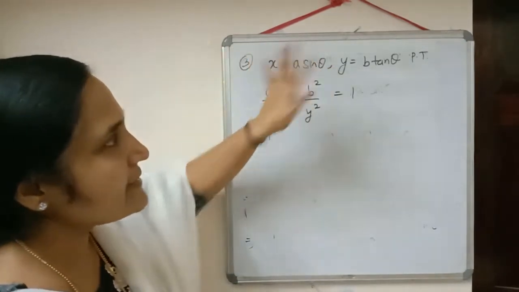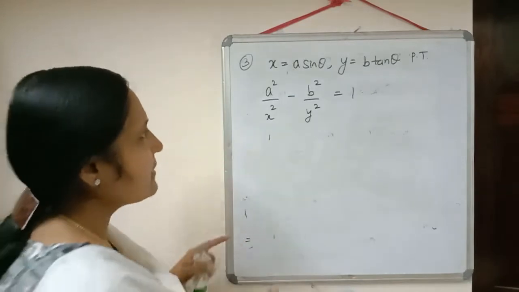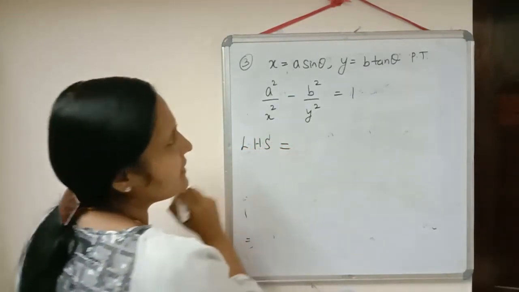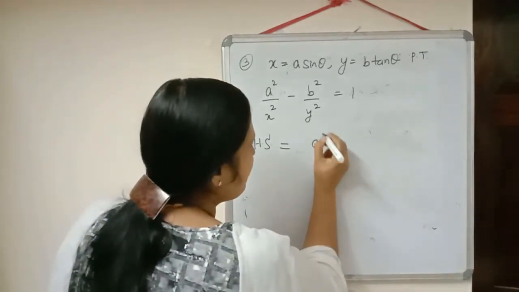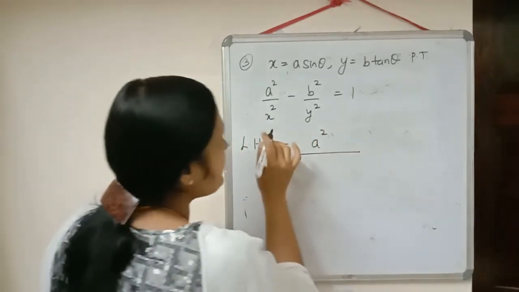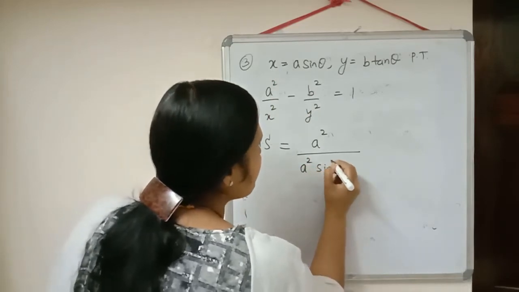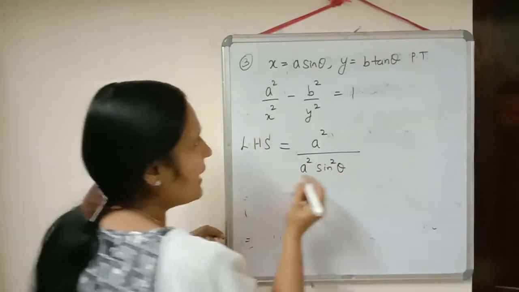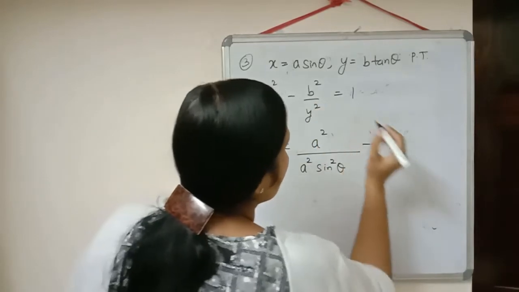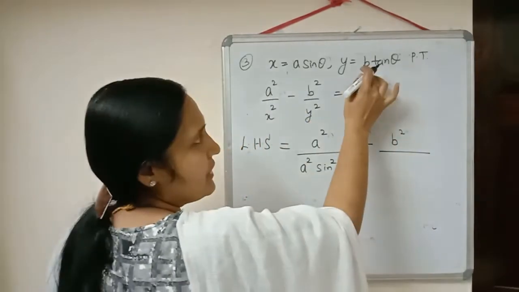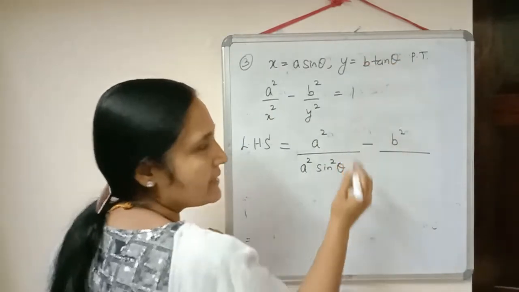Already the values of x and y are given. Now we will substitute the value there. So just write down, left hand side is equal to a square, we will write as it is, by x square. So it will be equal to a square by a square sin square theta, minus b square, we will write as it is, by y square. So we have to do the square of b tan theta.